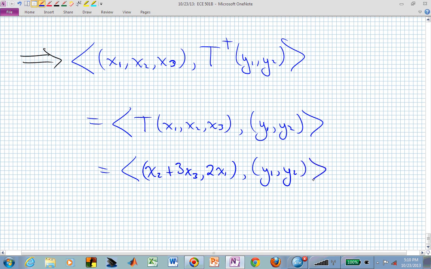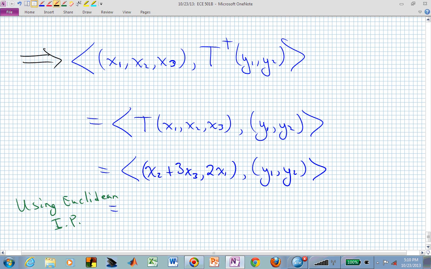Is that okay? And now we just form, and let's just use the Euclidean inner product. What will that produce? Well, we take the first coordinate in the first slot and multiply it by the first coordinate in the second slot.